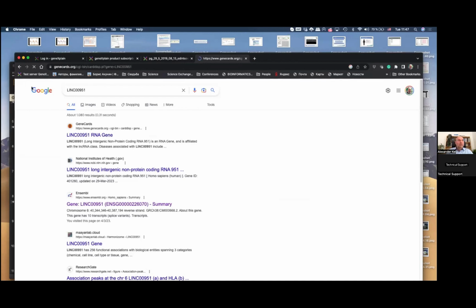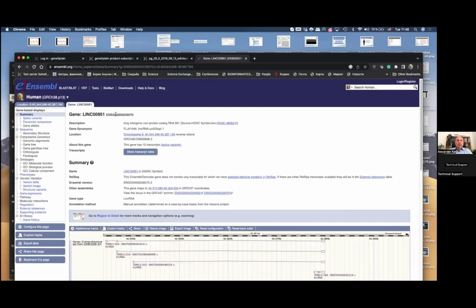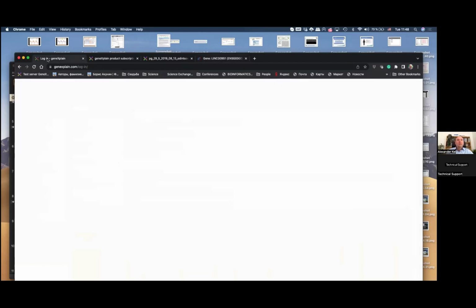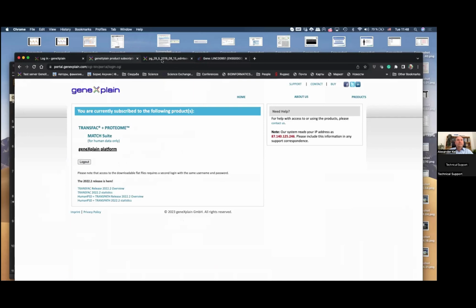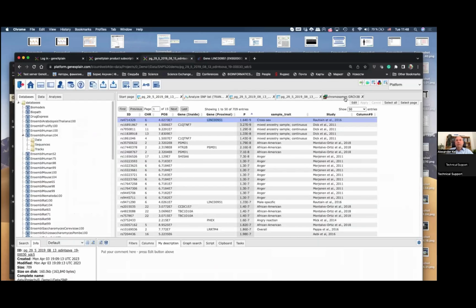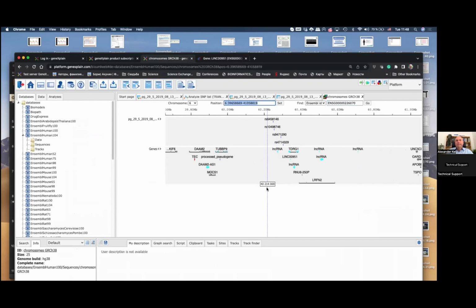No, that's not a good one. So now I want Ensembl, just to get this accession number. Here we are. Go to that genome browser, and let's put here this accession number, and we can go to that gene directly.